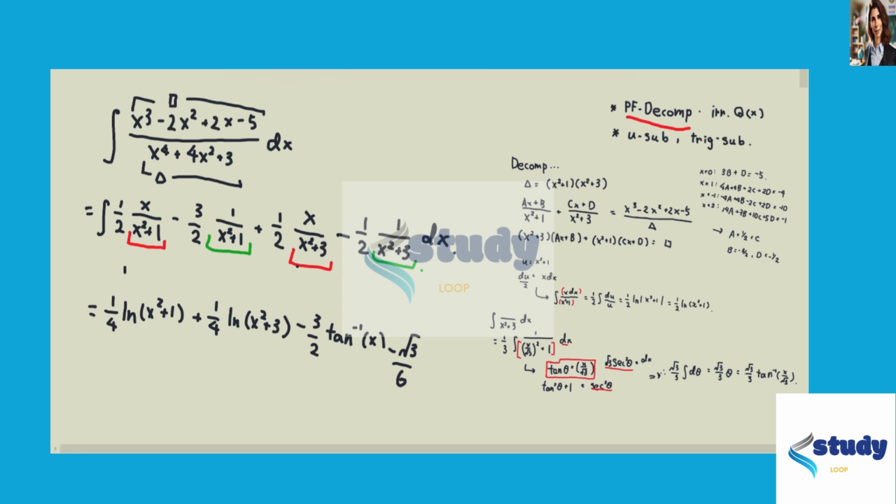Okay, so that is going to be tangent inverse x over √3 plus c. All right, so numerically it should be fine. At least concept-wise, this is exactly what you're supposed to do to solve this problem. Now, good luck to you guys.